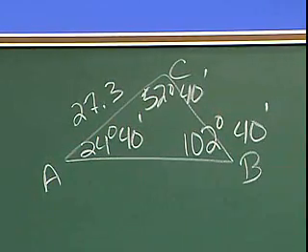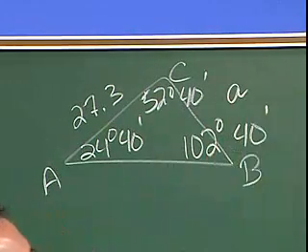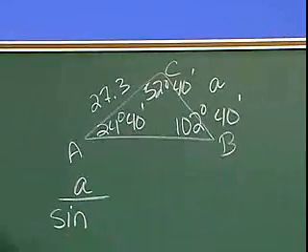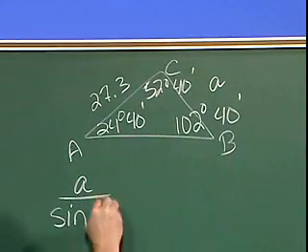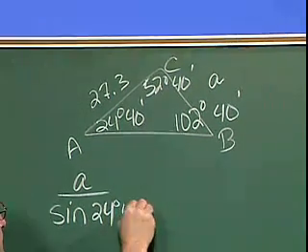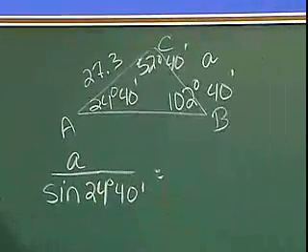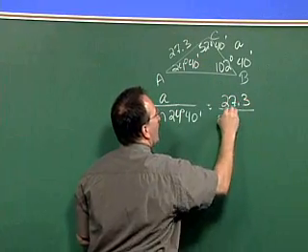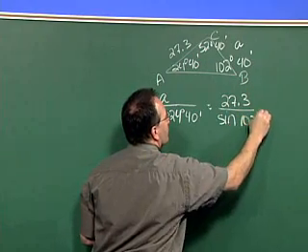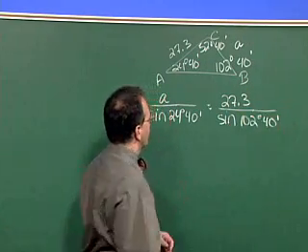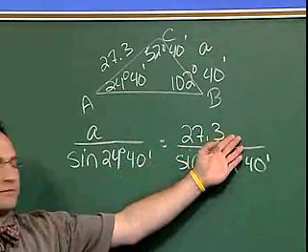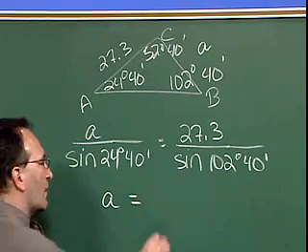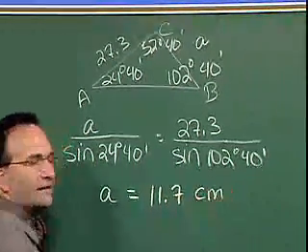Now we can find side A. And we do that using the law of sines. So side A over the sine of angle A, 24 degrees 40 minutes, is equal to side B, which is 27.3 over the sine of angle B, 102 degrees 40 minutes. Multiply the sine of 24 degrees 40 minutes up here. We'll find that little a is equal to approximately 11.7 centimeters.